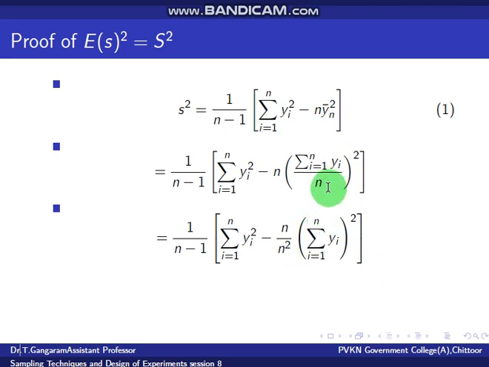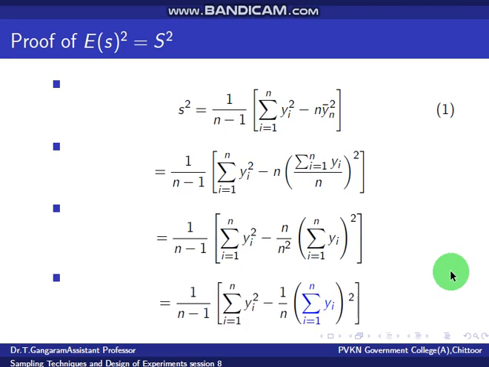Take this n in the square outside, it becomes n square, n by n square. Remaining terms are same. n square gets cancelled, 1 by n.